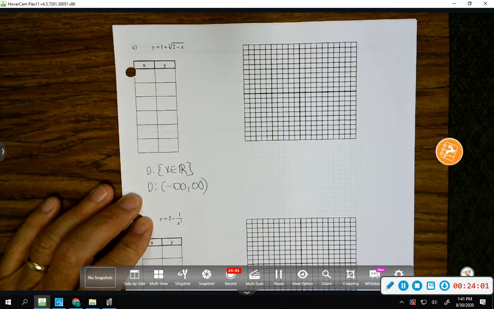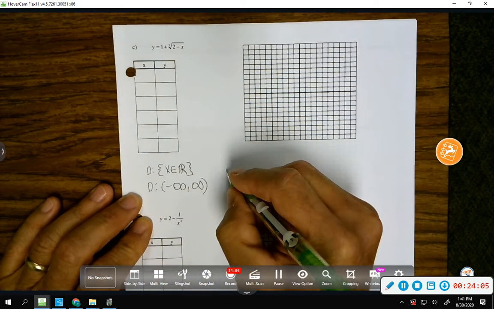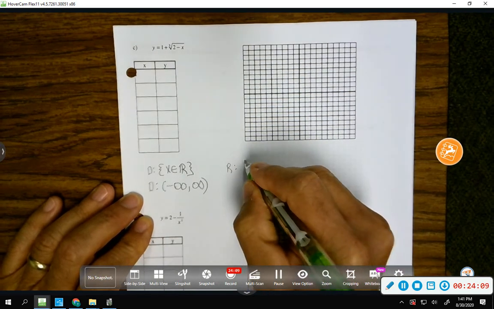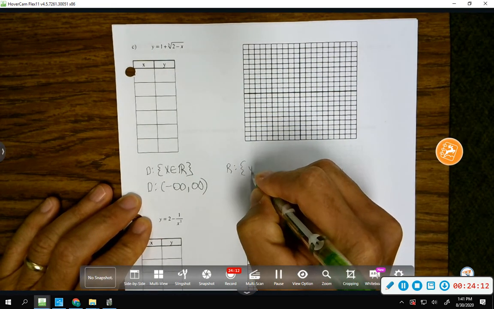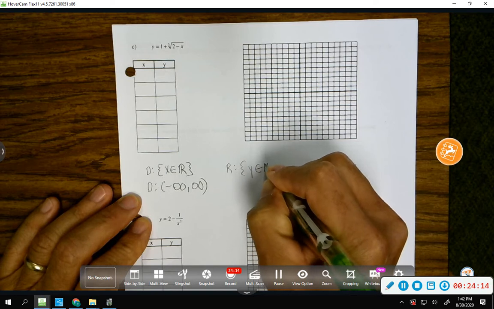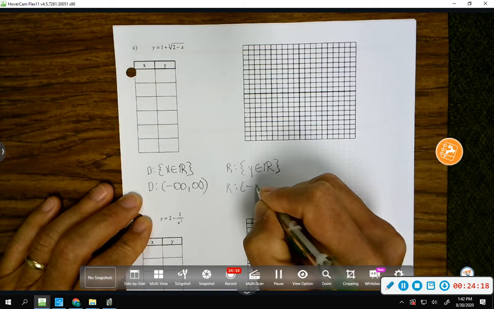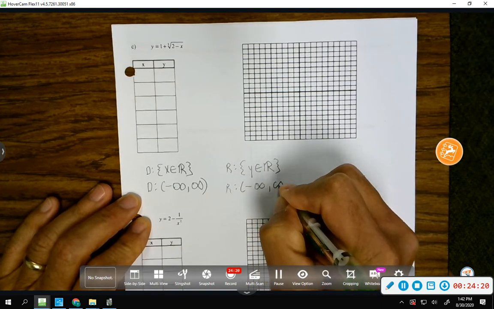Negative infinity to positive infinity. The range here is also going to be all real numbers, but you would have to graph it first to see it. I'm going to write it down so I don't forget to do it. And that would also be negative infinity to positive infinity. Okay?